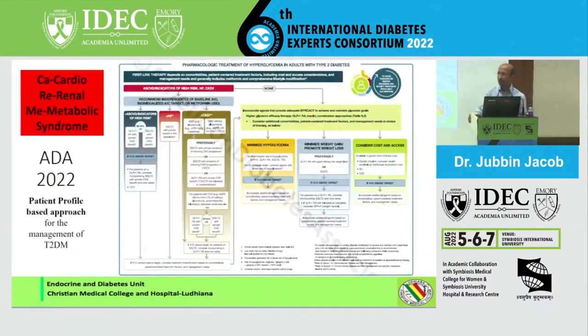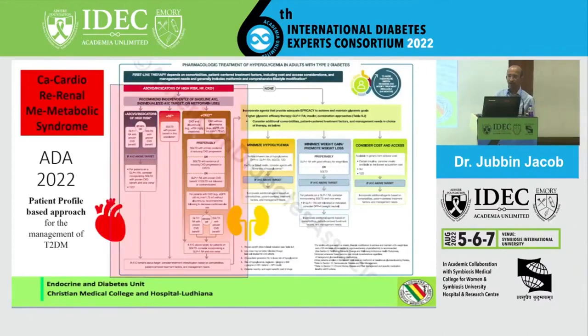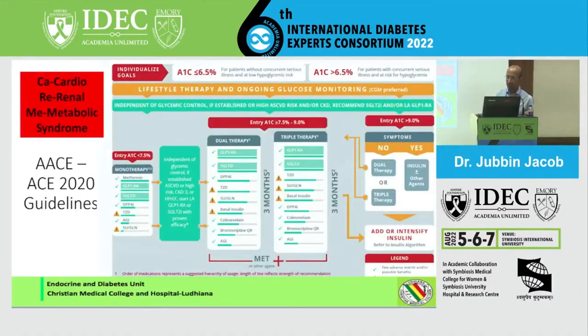And that is why I think Dr. Chawla already showed us these guidelines. All these guidelines are now completely focused on vasculometabolic health, that is heart failure, renal failure, and cardiovascular disease. You can see the primary part of all the treatment guidelines in diabetes, whether it is ADA, it is focused on heart failure, heart disease, and renal disease. Whether it is ACE, it's also focused the same way.